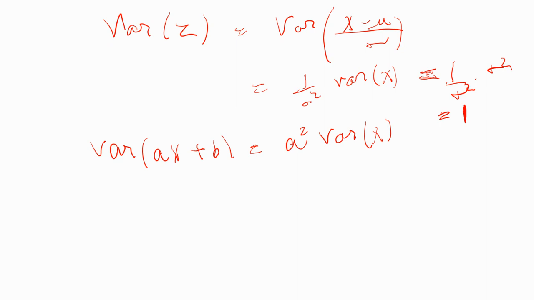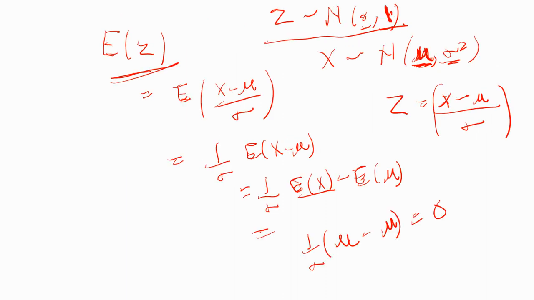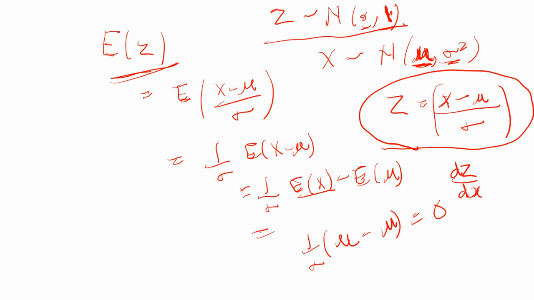Now we want to find this probability density function. So we have z here, x minus mu upon sigma. Okay. So dz by dx will be what? See, this is constant, this is the only term. So you can just write z is equal to x by sigma minus mu by sigma.